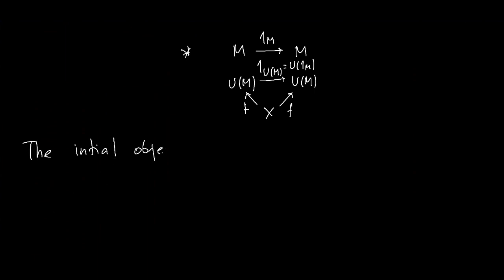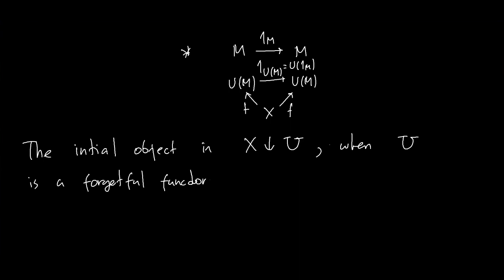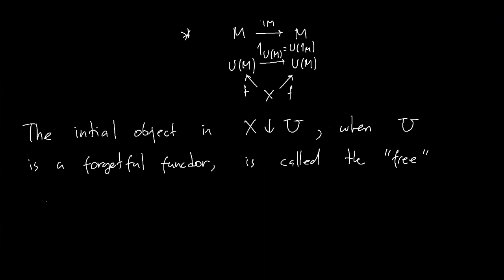The initial object in the comma category when U is a forgetful functor is called the free object.